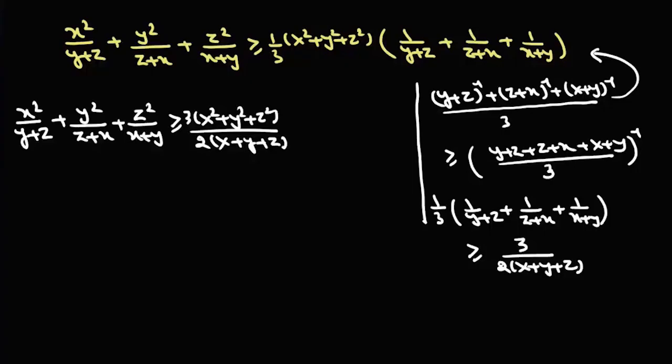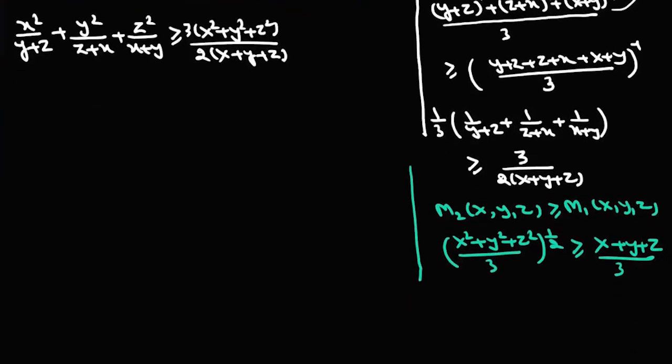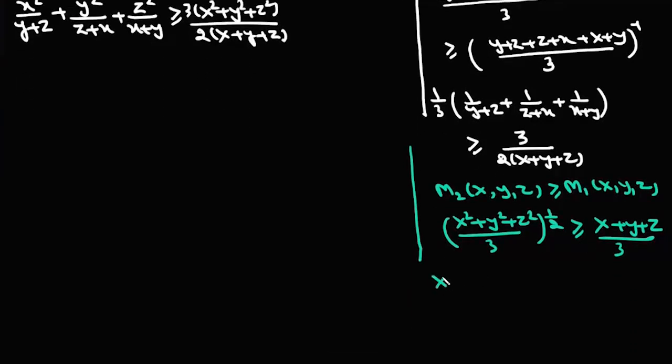Now here we'll use the power mean inequality. Now for power mean inequality, we know that M2(x, y, z) will be greater than or equal to M1(x, y, z). That means ((x² + y² + z²) upon 3) to the power 1 by 2 is greater than or equal to (x + y + z) upon 3. Now if we square it, we can write x² + y² + z².